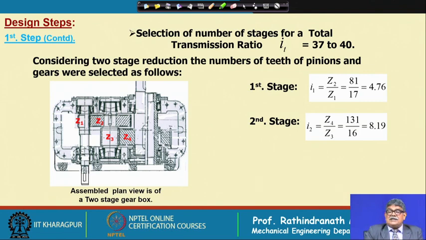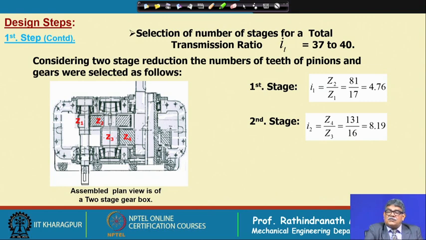The question is that if we do not take more in the second stage, more than 6, then we have to go for a 3 stage gearbox. A 3 stage gearbox will be expensive.